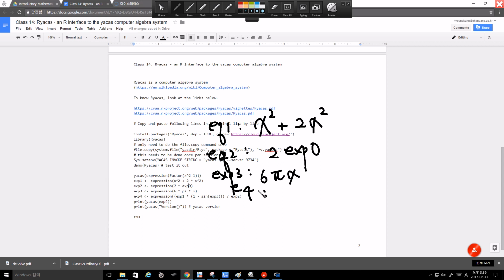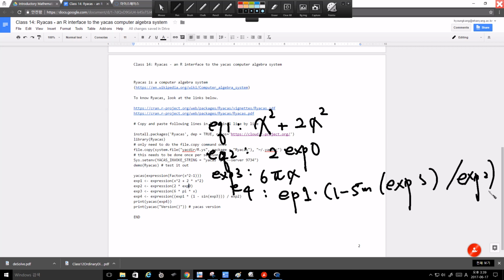Expression 4 is expression 1 times 1 minus sine of expression 3, and then divided by expression 2, something like that. And we want to know the simplified form of expression 4, right?